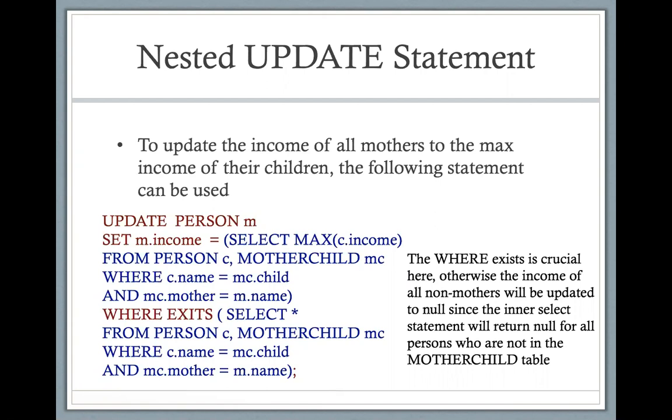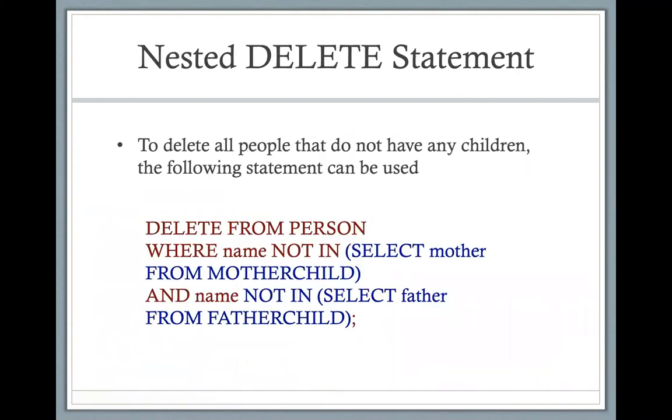Okay, but I hope you get the idea of using nested queries in update, select, and delete statements. Okay, let's say, for instance, I want to delete, as a last example, all people that do not have any children.